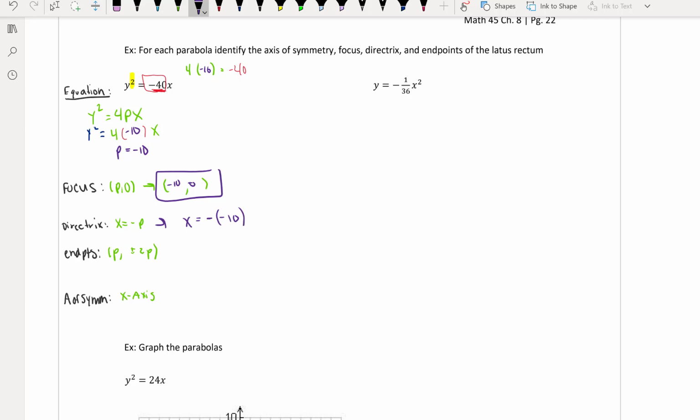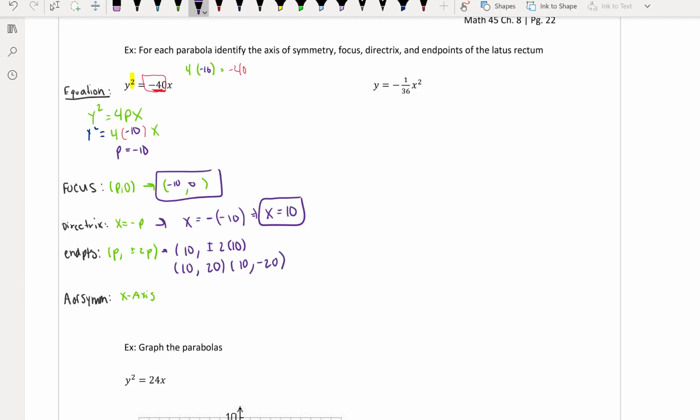So I really have this as x is equal to a positive 10 for my directrix. And of course I have my endpoints. So my endpoints here would be 10 plus or minus 2 times 10. So would I have 10? 2 times 10 would be a positive 20. And then negative 2 times 10 would be a negative 20.